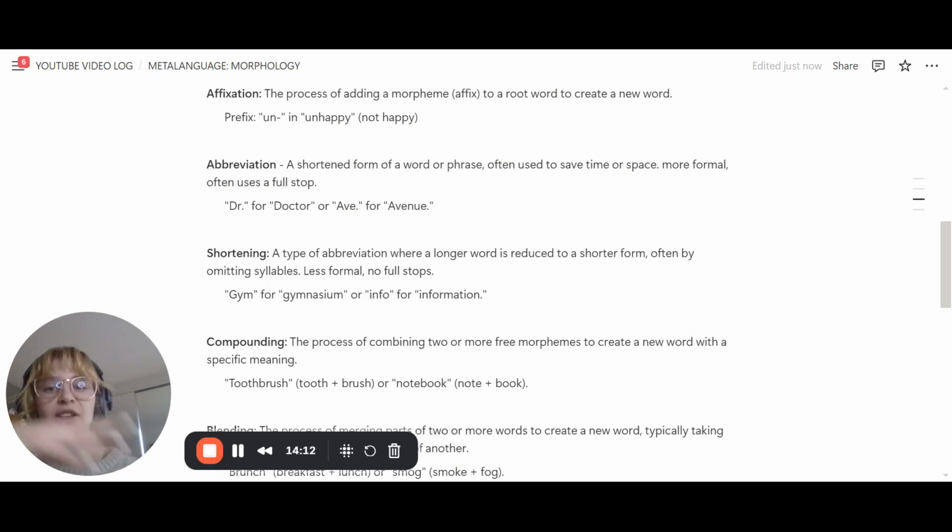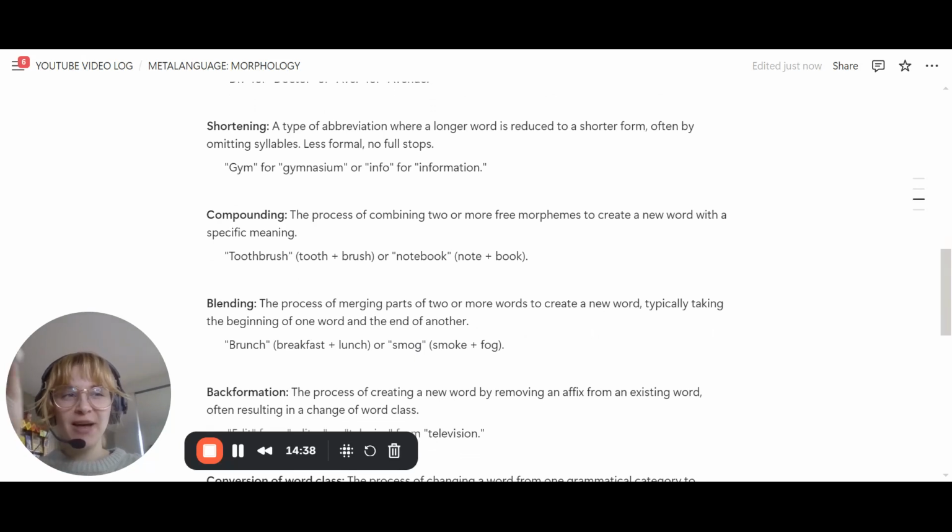Whereas shortening, you've just got a long word chopped up, for example, fridge from refrigerator. It's a bit less formal and there's no full stops in it. So these are, especially shortening, you can link that to register, so formality in particular. If you're saying something like refrigerator, you're probably going to be in a more formal context than someone just saying fridge.